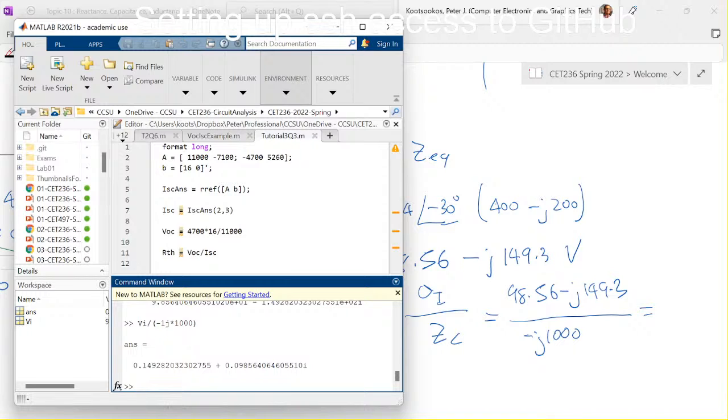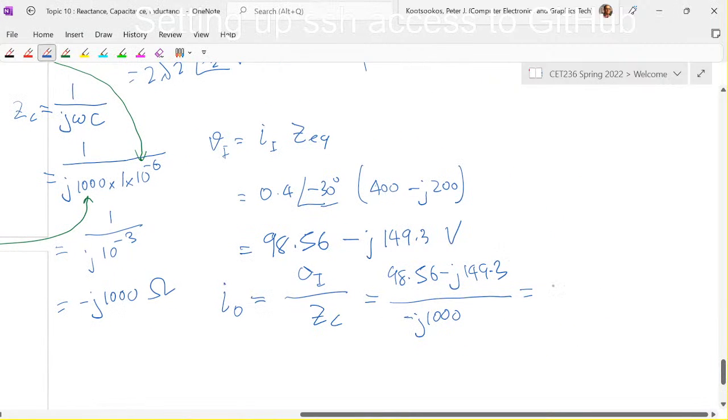So it's 0.1493 and 0.09856, or 149.3 milliamps plus J 98.56. Units of milliamps.